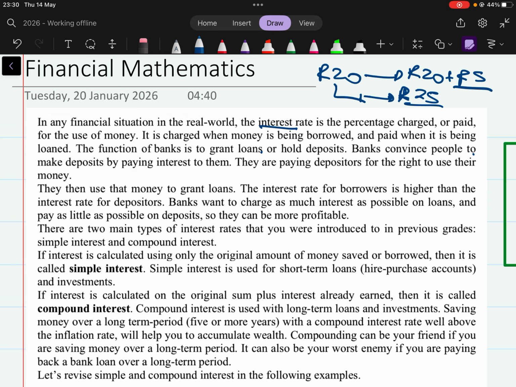And if we express that 5 rand as a percentage, then that is what they are referring to as an interest rate.